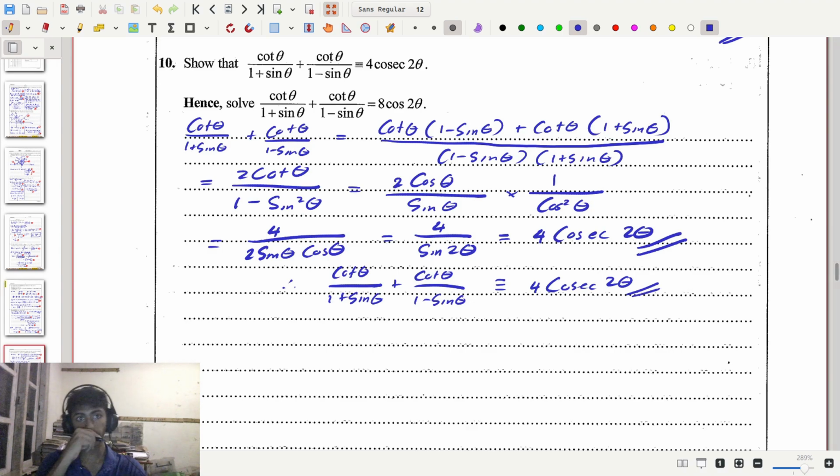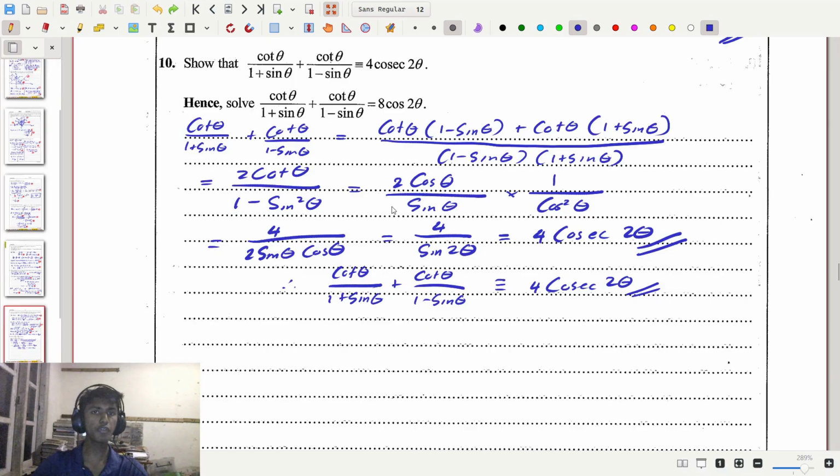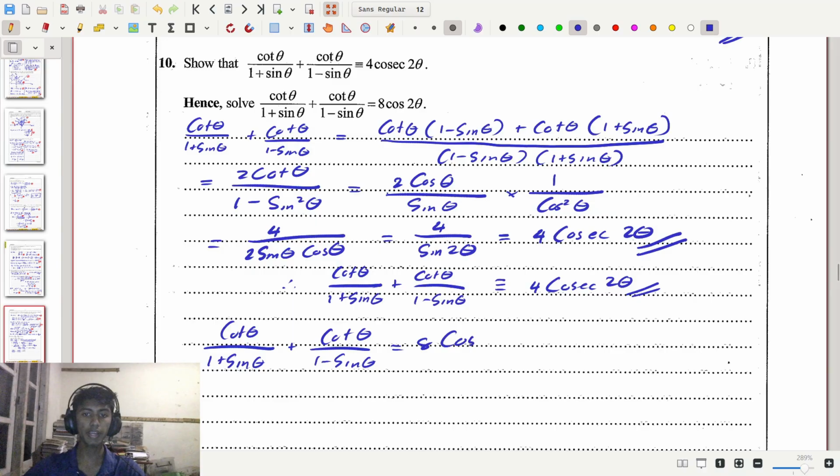After this, the next thing we have to do is to hence solve this equation right here. So if we write it down, we have cot theta divided by 1 plus sine theta plus cot theta divided by 1 minus sine theta being equal to 8 cosine of 2 theta.